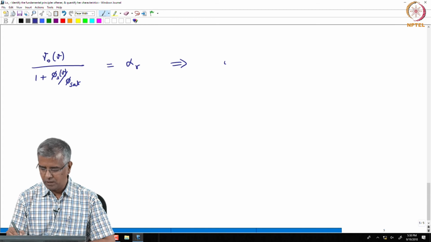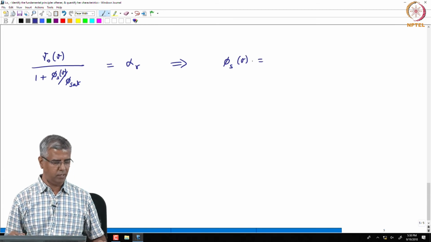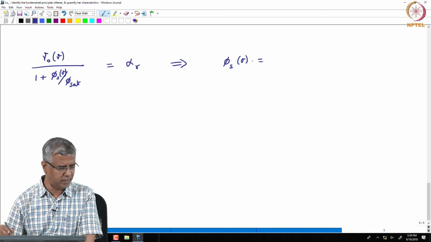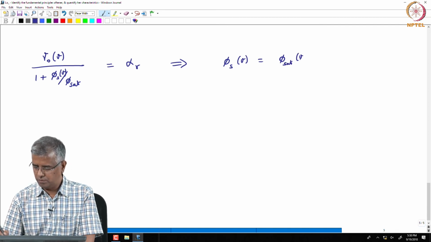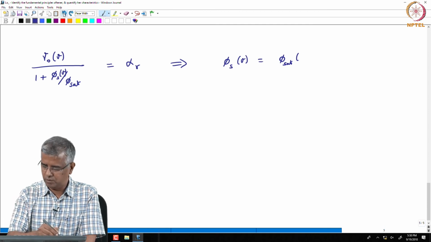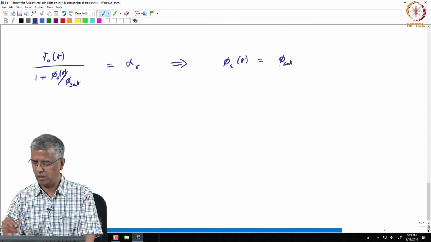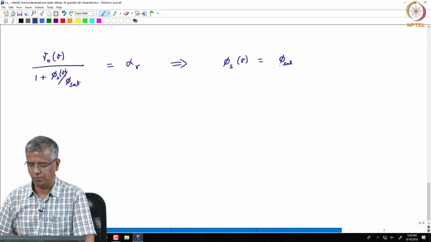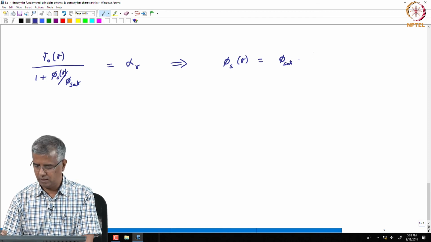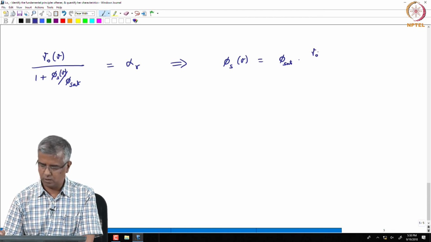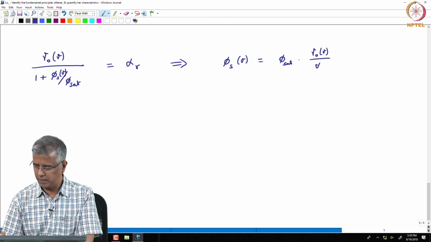If I write this in terms of the signal flux, I can rearrange terms and I can say that this is going to be equal to, we do not have to say in terms of mu, so that is in terms of phi s is going to be given by phi sat multiplied by gamma naught of nu divided by alpha r minus 1.